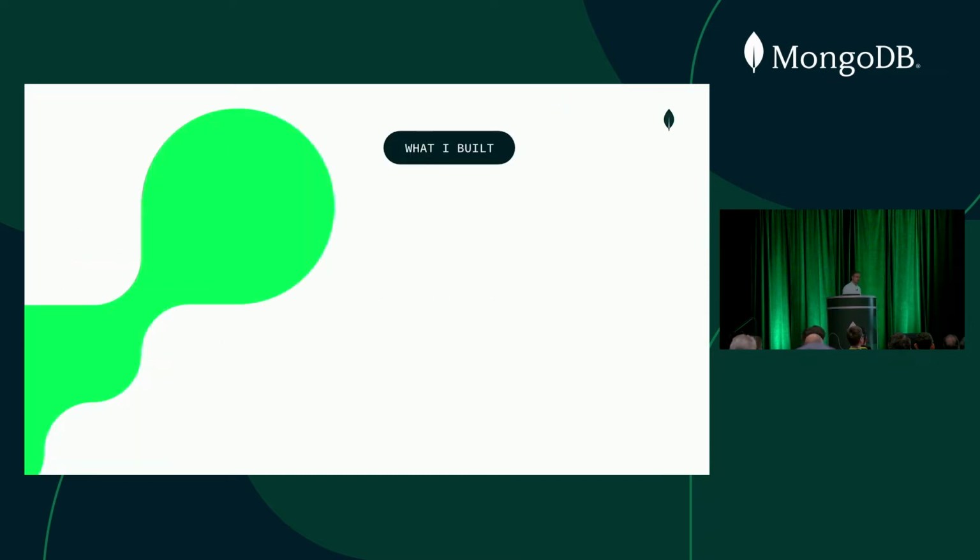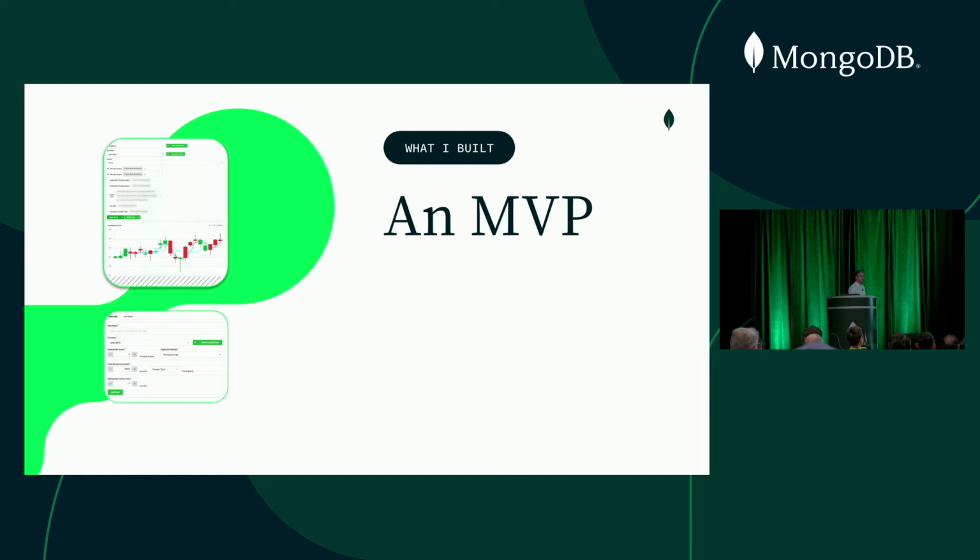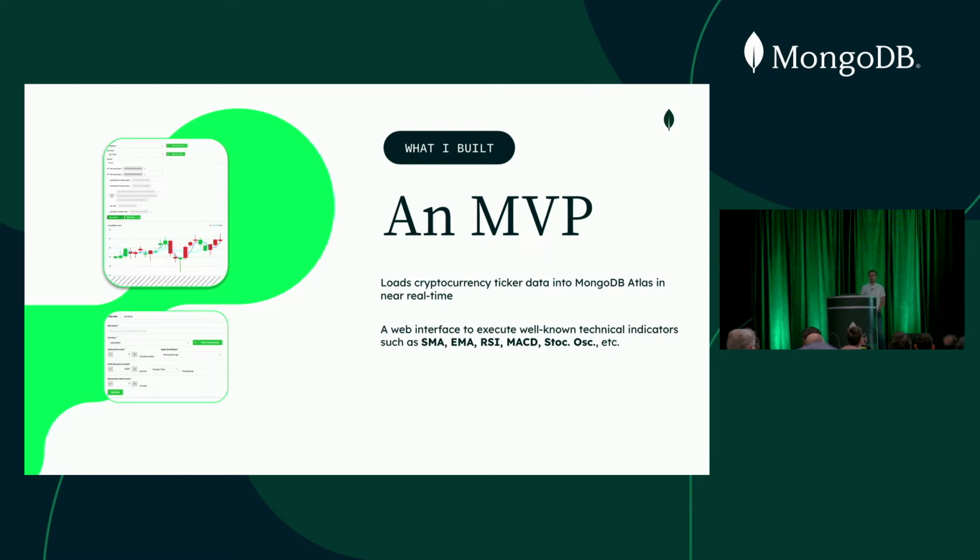What I built? I built an MVP, minimum viable product, that loads cryptocurrency data into MongoDB Atlas almost real time. There's a web interface that provides a mechanism to execute some well-known financial technical indicators such as simple moving average, RSI, and so on.